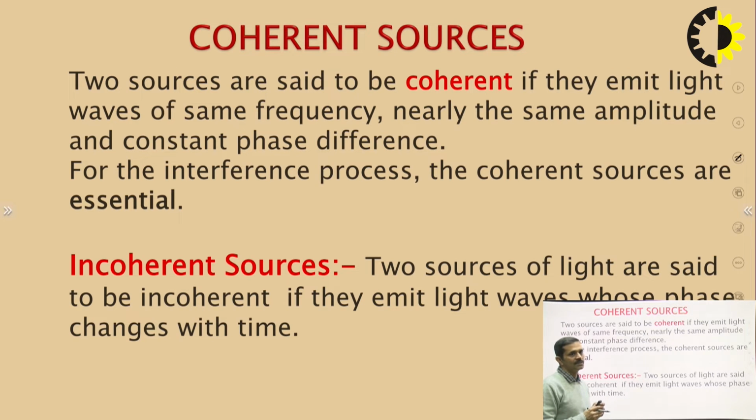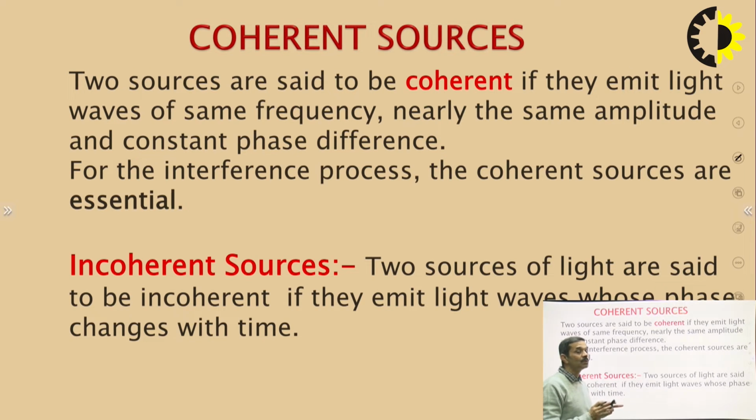It must be constant. Another term we can define here is incoherent light sources. Incoherent light sources means if the phase difference varies with respect to time, then the light sources are said to be incoherent. If the light sources are incoherent, then we will not have a clear and stable interference pattern on the screen.